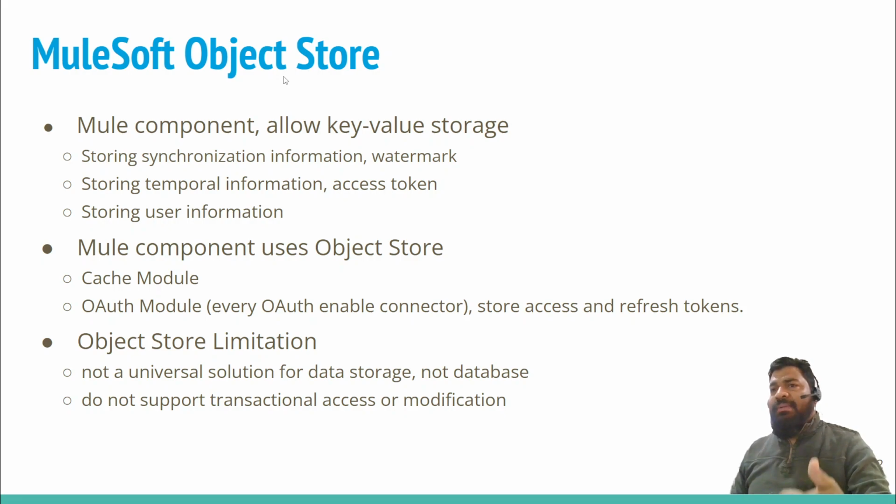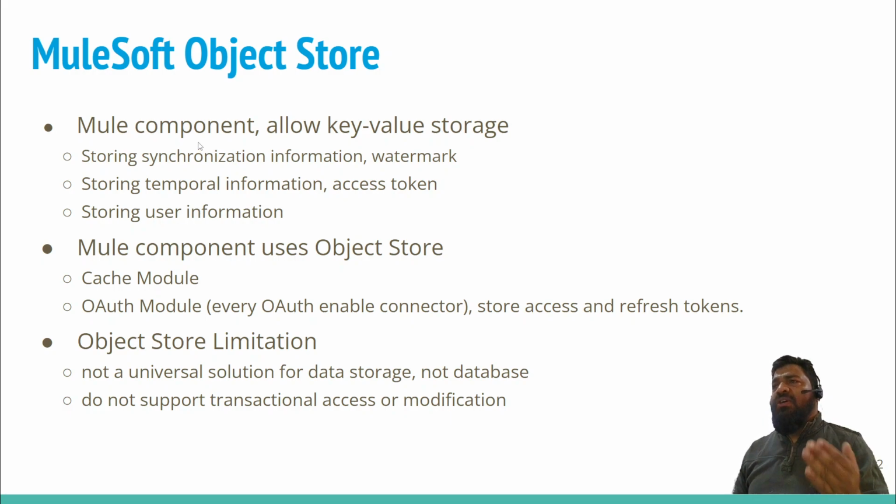Because of this concept, suppose we are using MuleSoft object store for the application and we are running our application in CloudHub. We have important data in the object store. We are doing save and retrieve operations, we have saved a token, we have shared much information which we don't want to lose when deployment is happening.